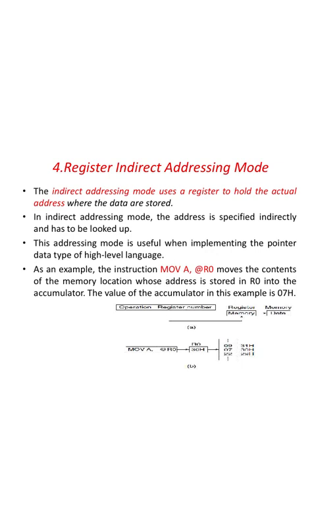This addressing mode is useful when implementing the pointer data type of high-level languages. As an example, the instruction MOV A, @R0 moves the content of the memory location whose address is stored in R0 into the accumulator. The value of the accumulator in this example is 07H.